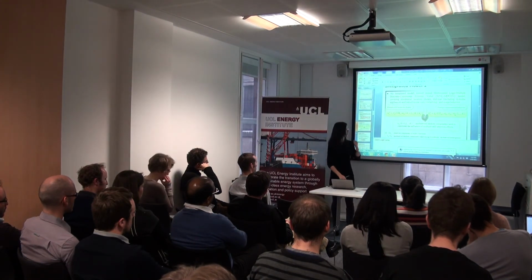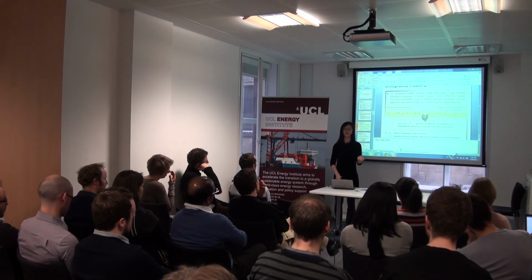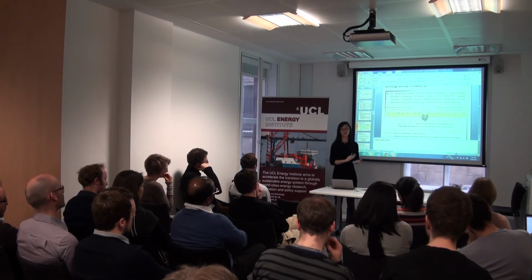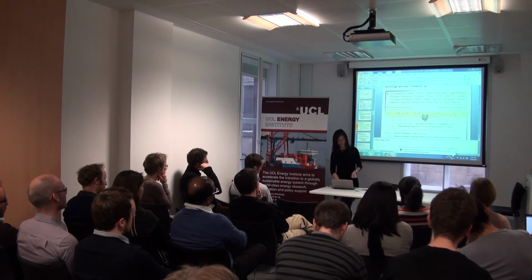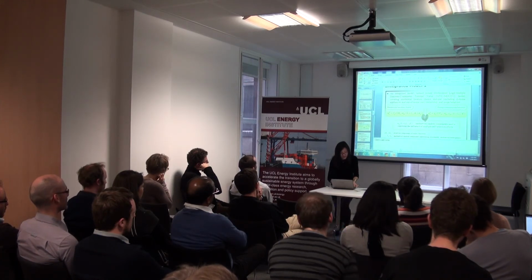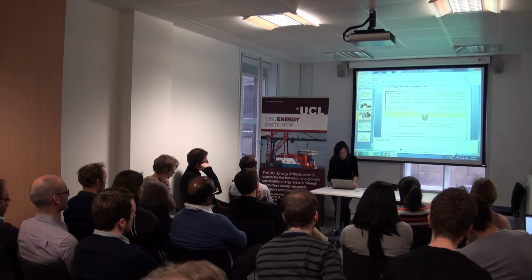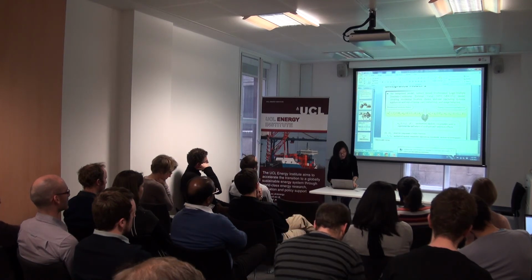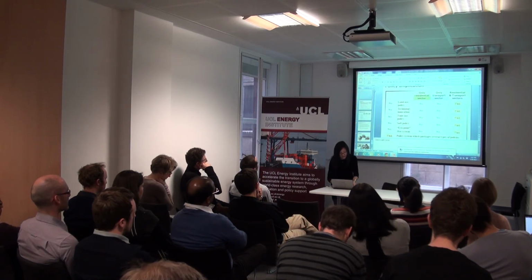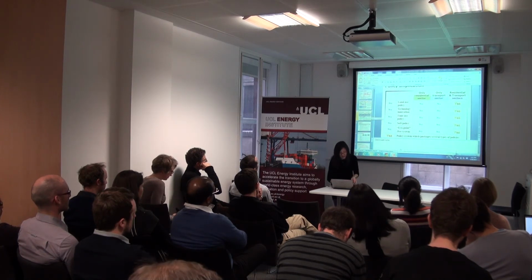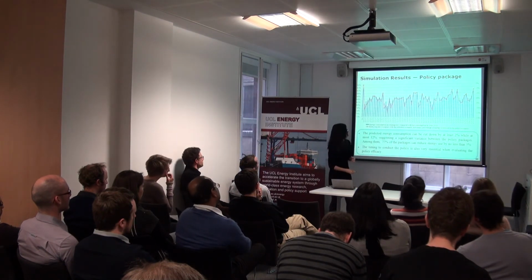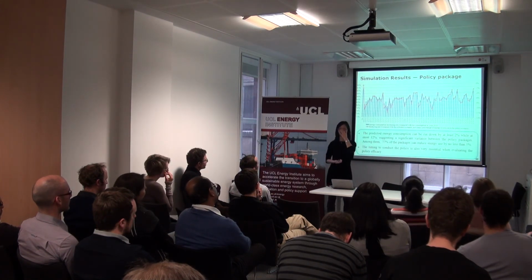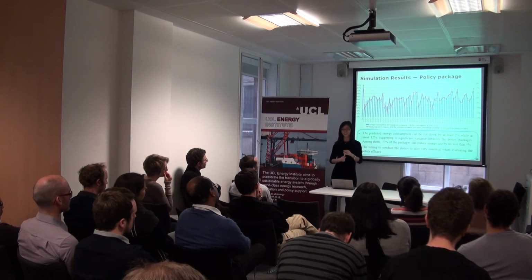If we compare this target with the package policy analysis, based on the simulation result, the package can achieve 2% to 15% energy reduction. So we think it's possible for us to achieve those targets. Is that your question? Sorry.